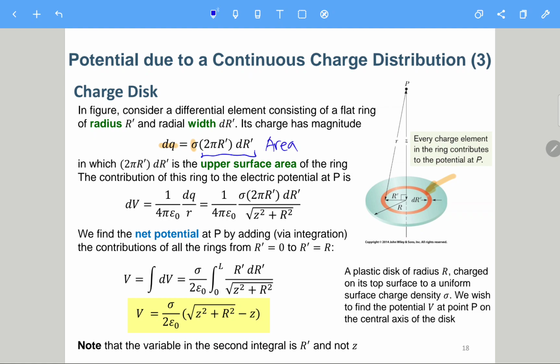You can try to cut this and flatten it so that it becomes a rectangle. The height of this rectangle is dr prime, and the width is the perimeter, which is 2 pi r prime. So we have this area, 2 pi r prime dr prime.